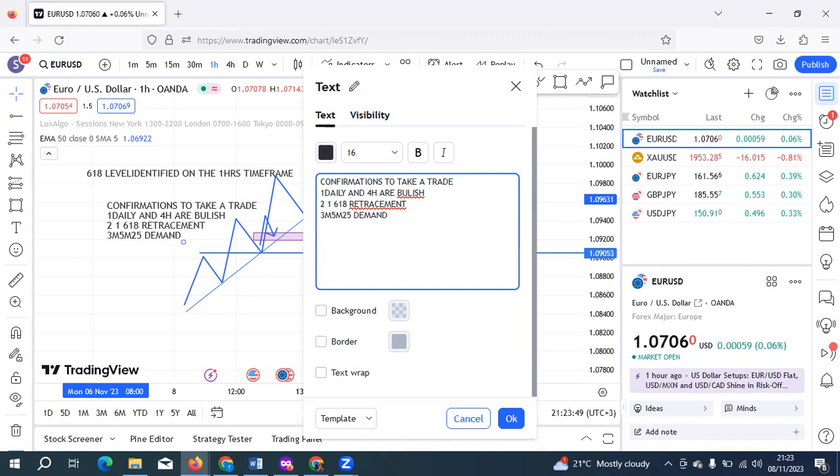We are buying, so these are demand zones, M5, M15. This should be M15, not M25. M15 demand zones. Just wait, I'm going to be sharing this with you live on the charts. And then the last thing, is there anything else that I'm looking at?